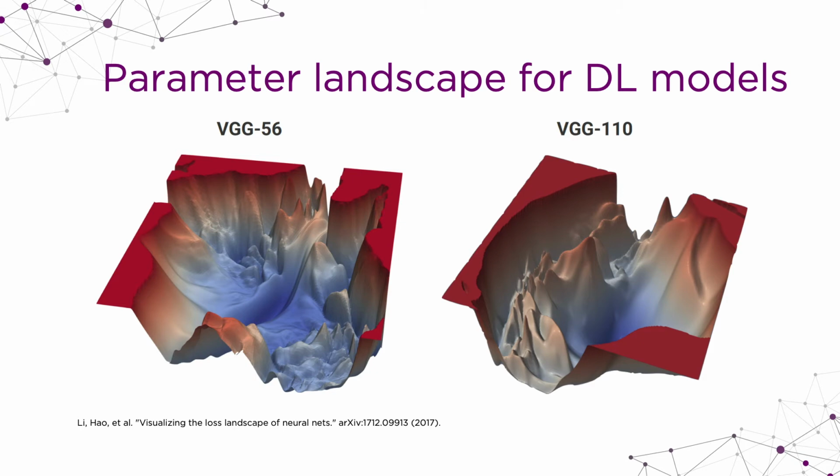And you can see how difficult it is to navigate in this landscape. And it's not the true story, because the true story lives in 1 million dimensions. But they were using good properties to generate this, and we can see how complex it can be to go from any point and find a global or a local minimum.